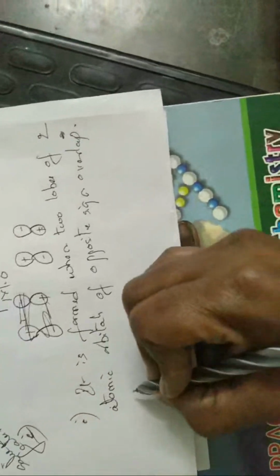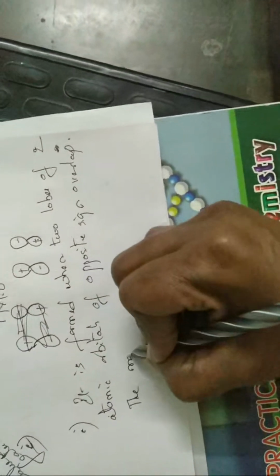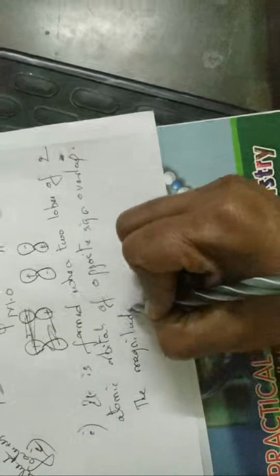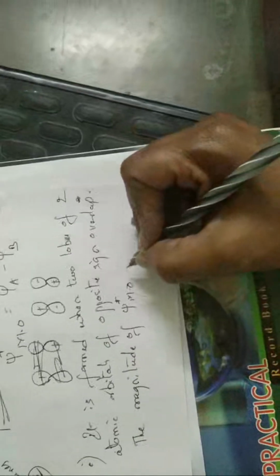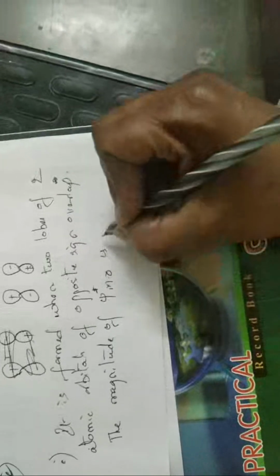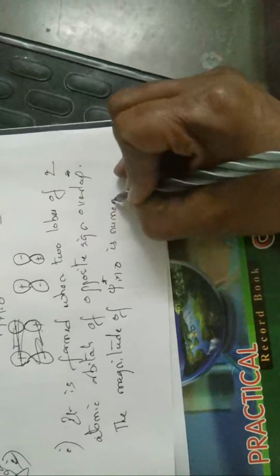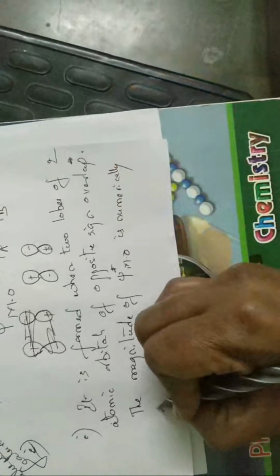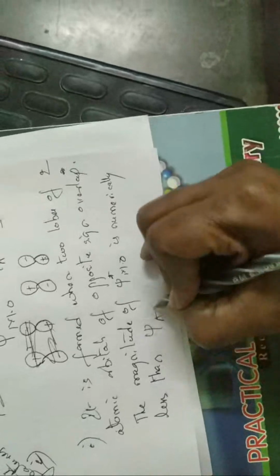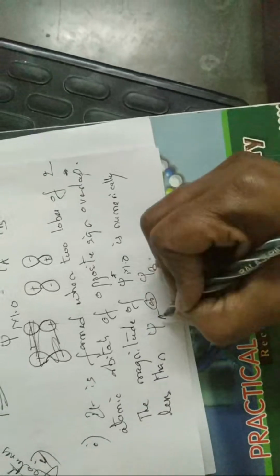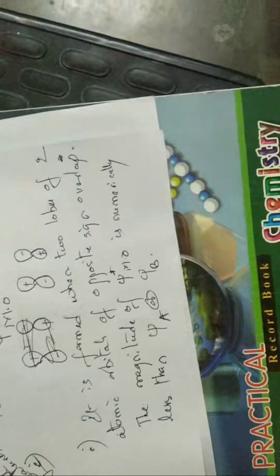Here the magnitude of psi star MO, the antibonding molecular orbital, is numerically less than psi A or psi B.